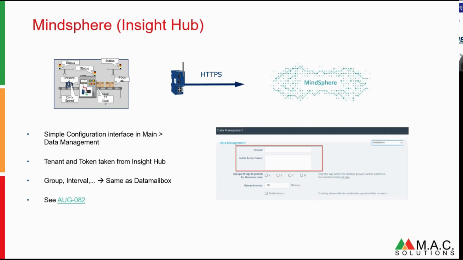Insight Hub, formerly referred to as MindSphere, is the cloud-based open IoT Internet of Things operating system from Siemens, which connects your products, plants, systems, or machines and enables you to harness the wealth of data generated by the IoT with advanced analytics.